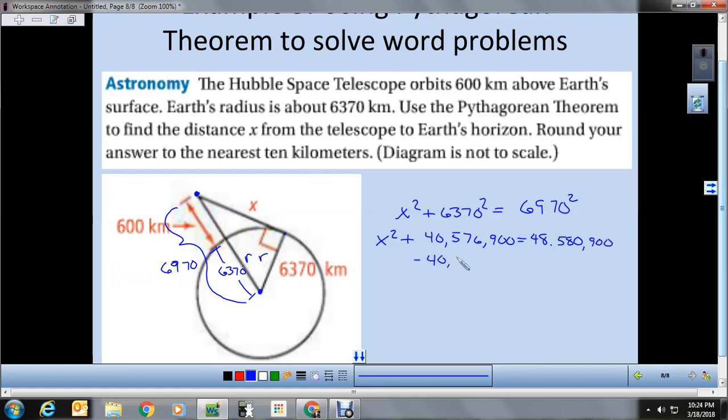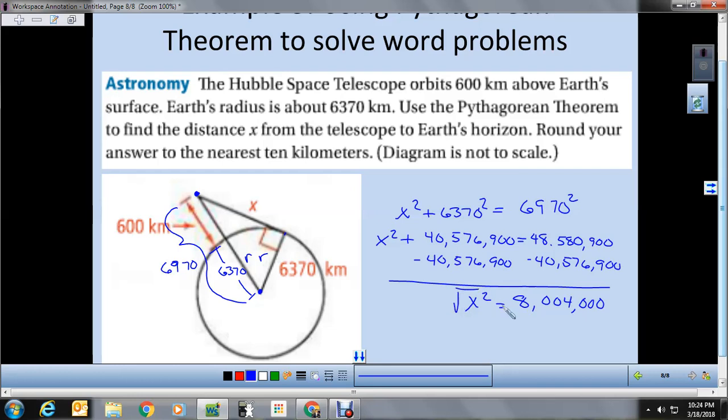Subtract this number from our hypotenuse, and x squared is equal to 8,004,000.